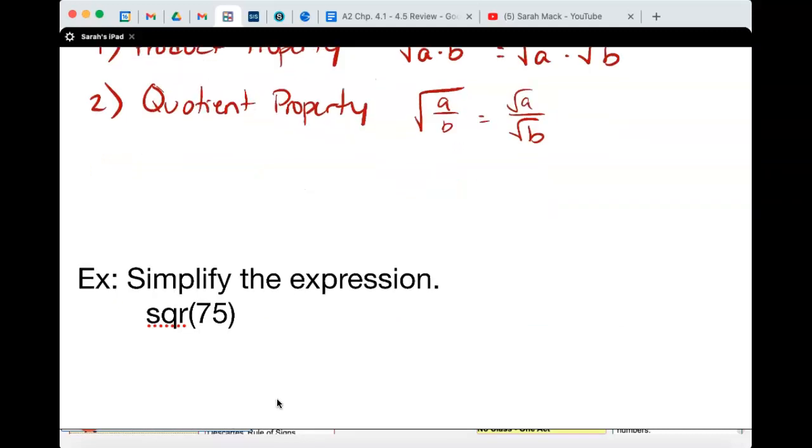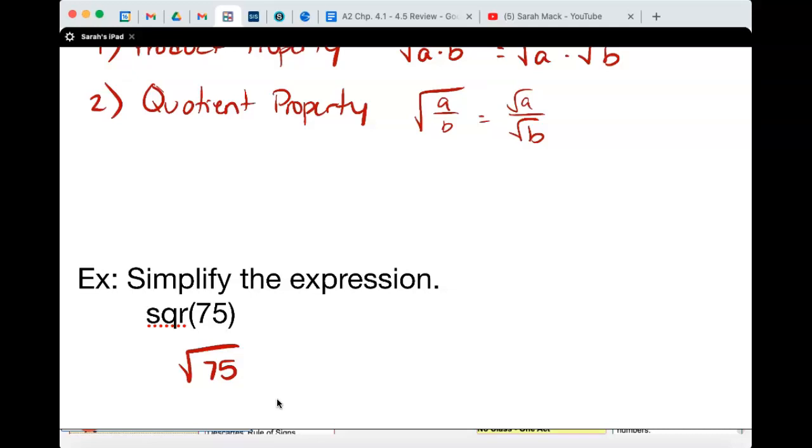I would like to simplify the square root of 75. So you've got to dig back in your brains how we simplified a radical sign. Does anybody remember how to simplify the square root? If it was a perfect square, we could just say the number. This one isn't a perfect square.